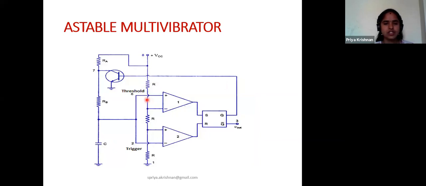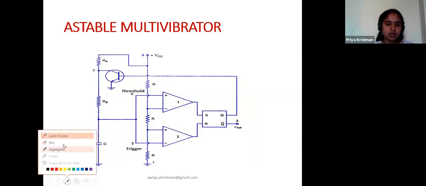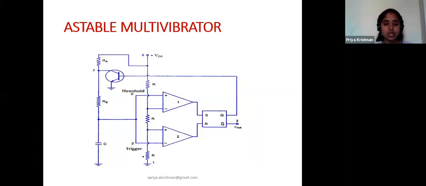Okay, this is still easier compared to your monostable multivibrator. The only change you have to make to remember this circuit is to connect these 2 points. Just tie those 2 points, the threshold and the trigger. So what are these points?